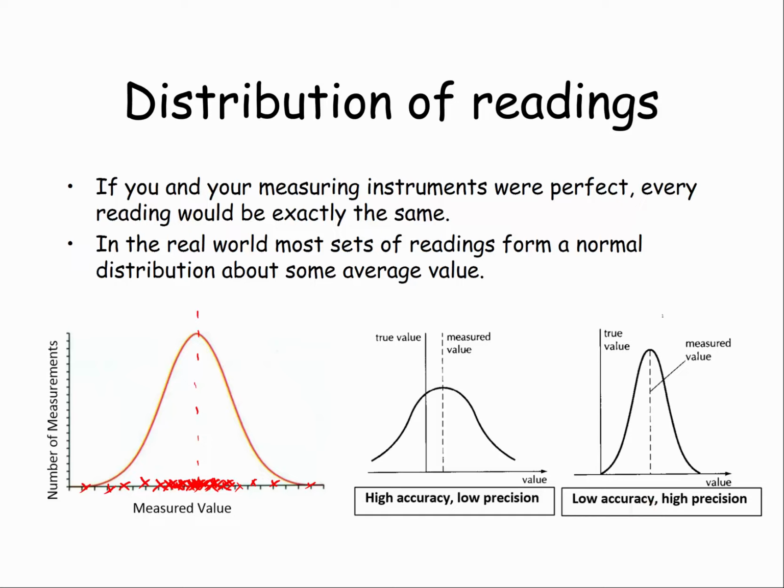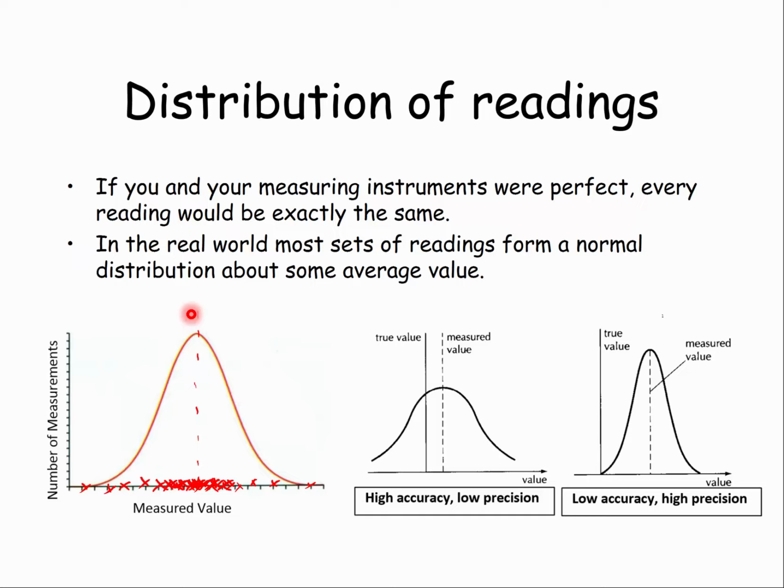If you took some measurements and you happened to get the same value every time you repeated that measurement, so say instead of a broad distribution, all your measured values were the same, that does not mean you are perfect. Don't be fooled. It means that what you need to do is to find a more precise measuring instrument.